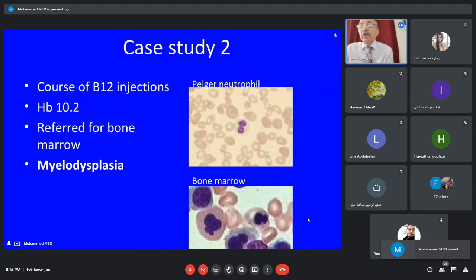This is a blood film and bone marrow for the same patient. B12 was given, and a bone marrow was done, and the bone marrow showed myelodysplasia. Next slide, please.